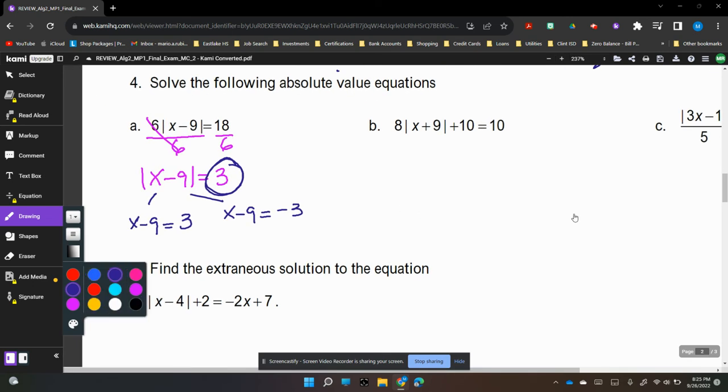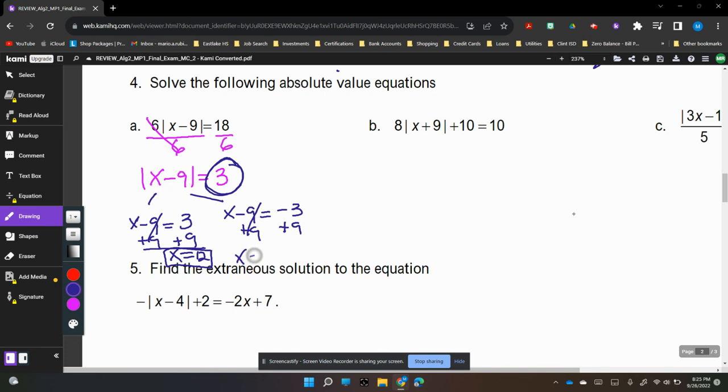Now we solve each of these. Add 9 to both sides, so the 9s cancel, and x will equal 9 plus 3, which is 12. Add 9 to both sides, x is equal to 9 minus 3, which is 6. Those are my two answers.